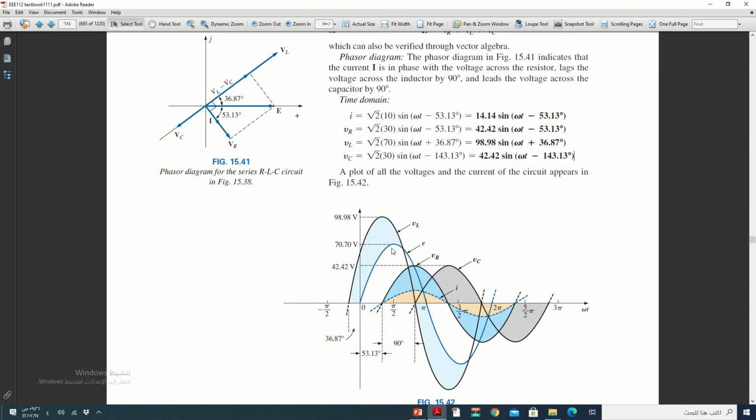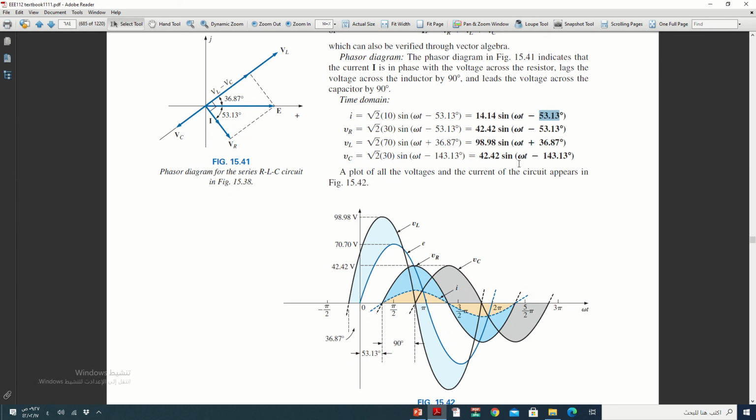The voltage was 50, or the peak 70.7 with angle 0. We found that the total current starts from 53, because the theta here is 53, and the VR also will start from 53.